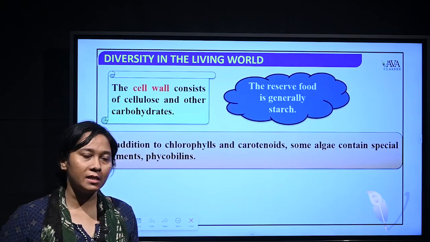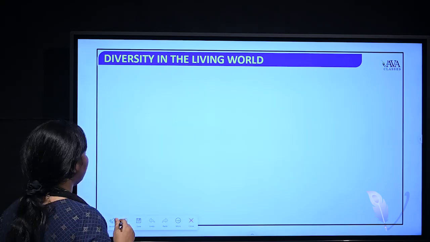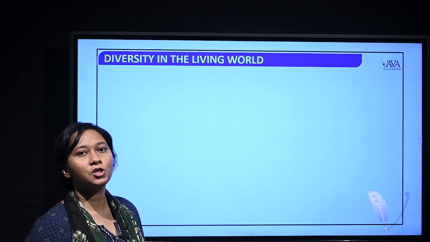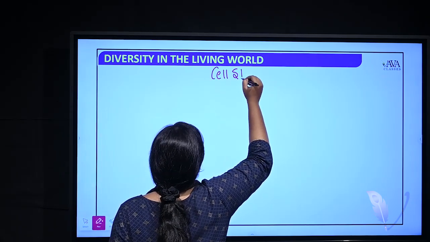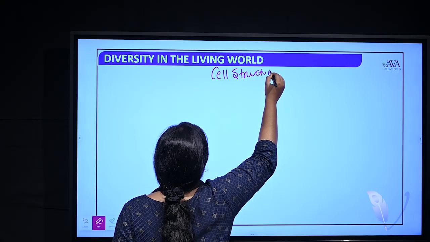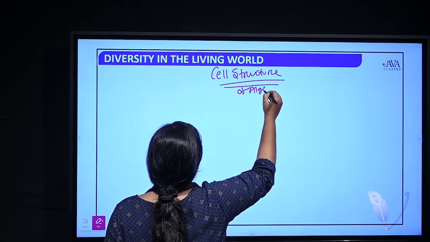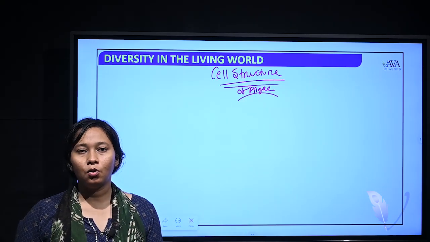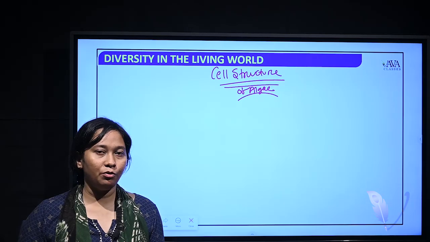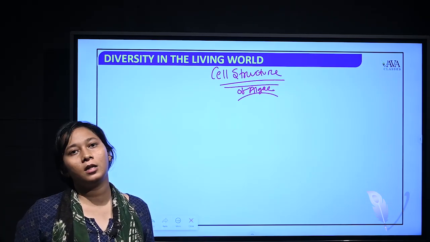Now look into the cell structure of algae. So when we are studying algae, we can study their external structure and their internal structure.